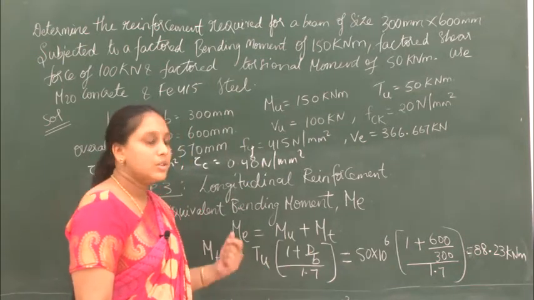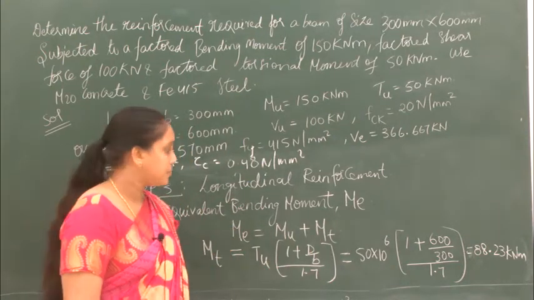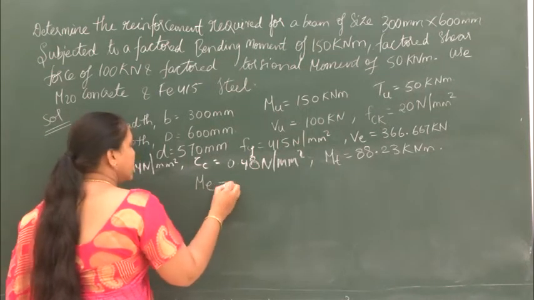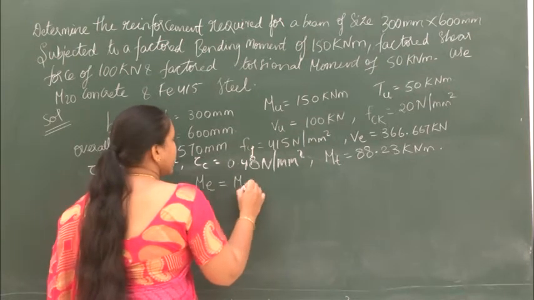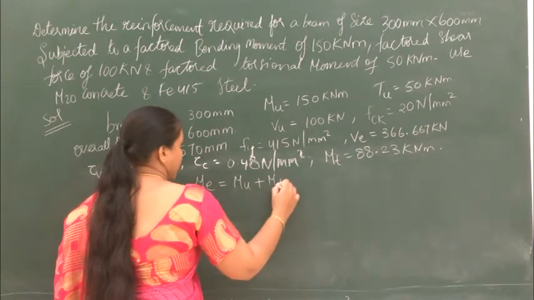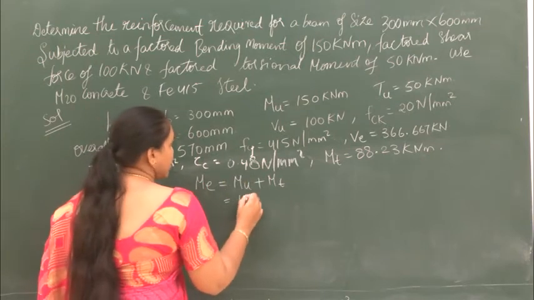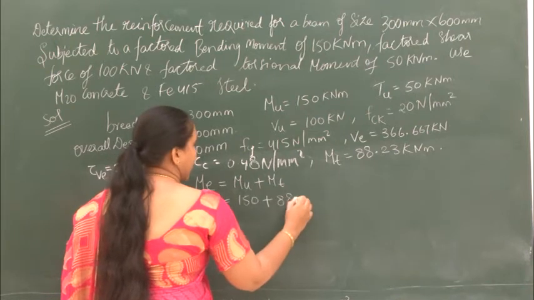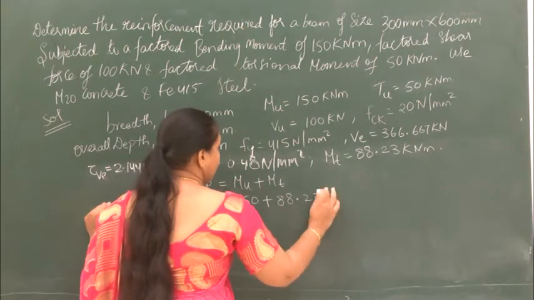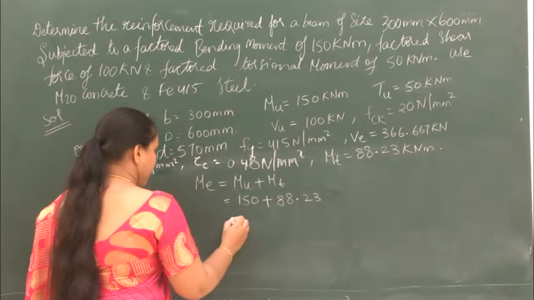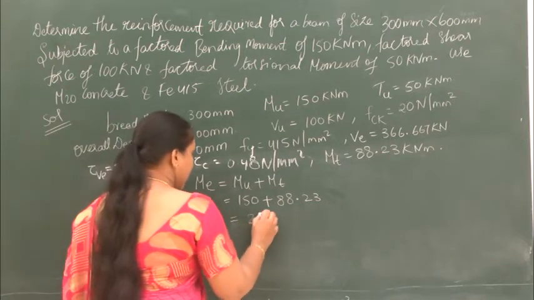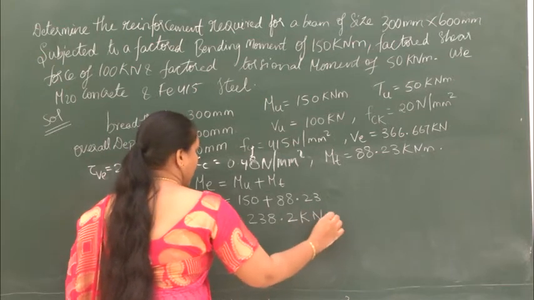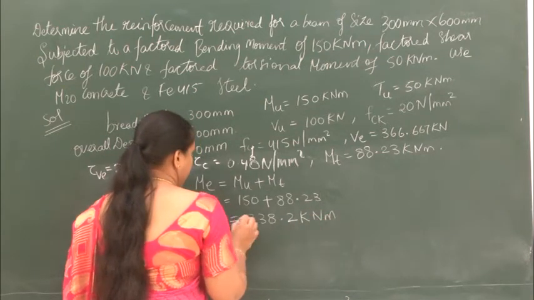So substitute in this, so from this you will get the value of ME as 238.2 kilonewton meter.